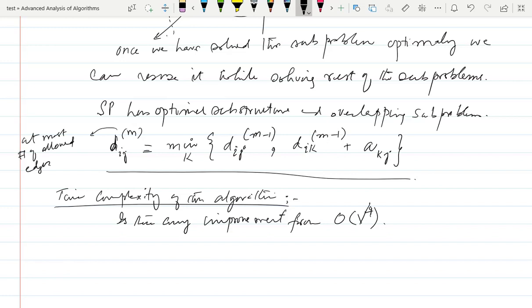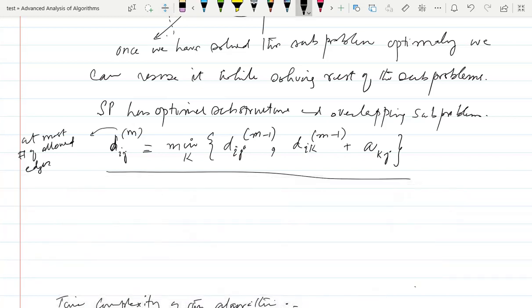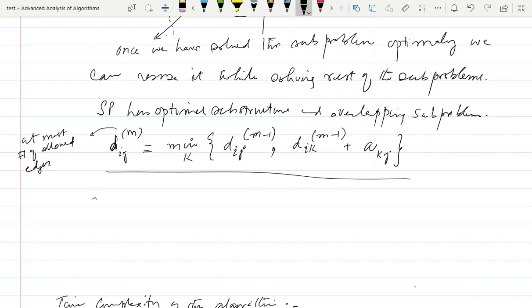Okay, I want to highlight one more thing over here, which is that Dij, whenever we are using n-1, because this is the maximum number of edges I can have between i to j.